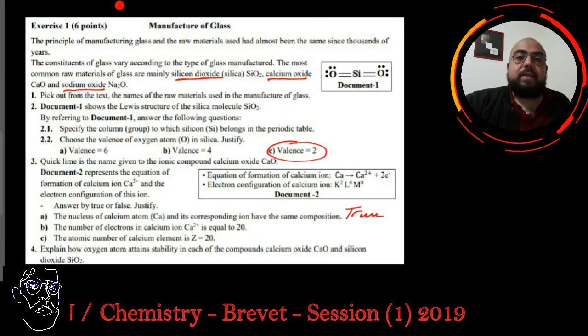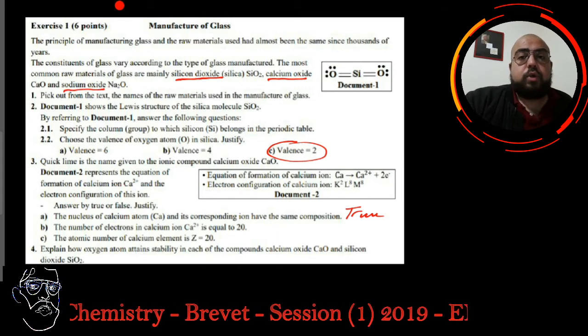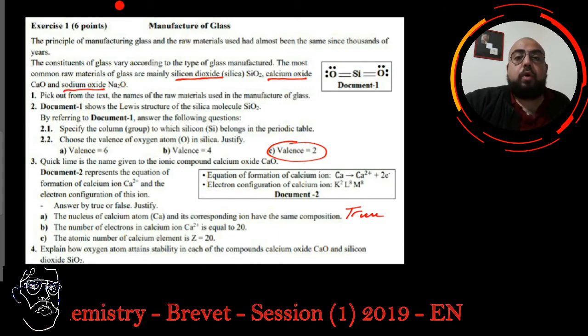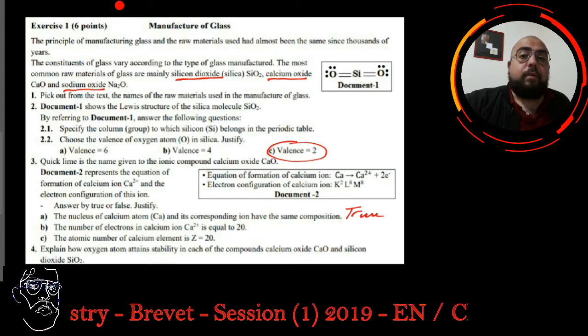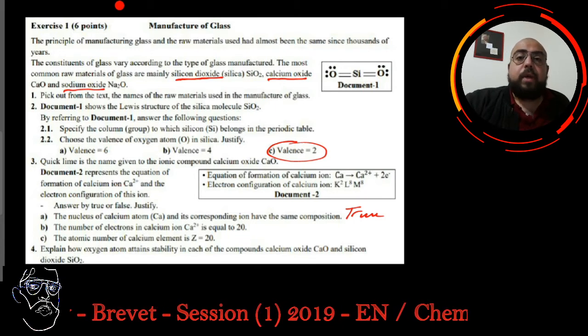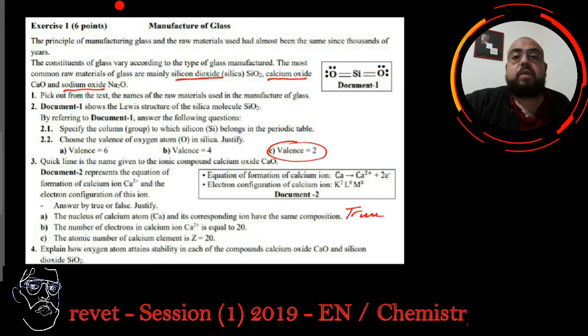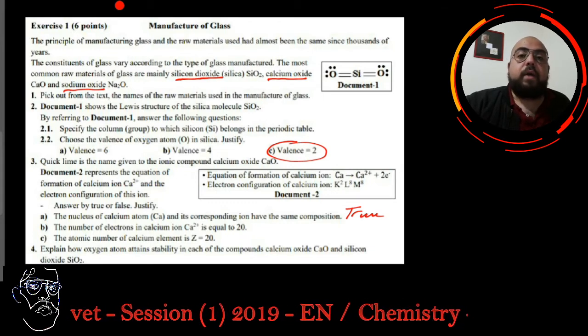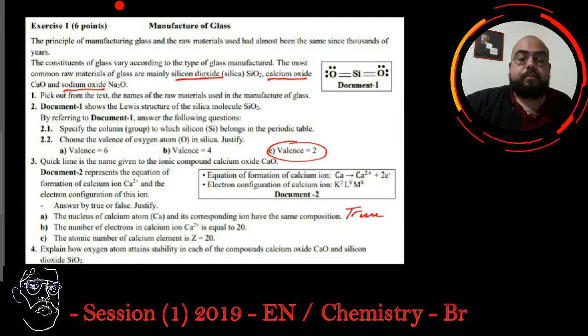So you have Ca, which is losing 2 electrons, and oxygen, which is gaining 2 electrons. So you will obtain Ca2+ and O2-. You will have a mutual attraction between these 2 ions, and of course the formation of this stable compound, which is CaO, by verifying the octet rule.